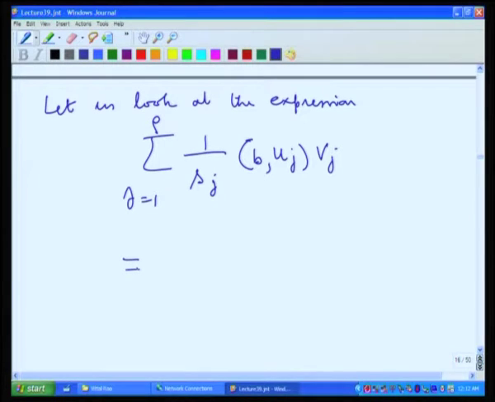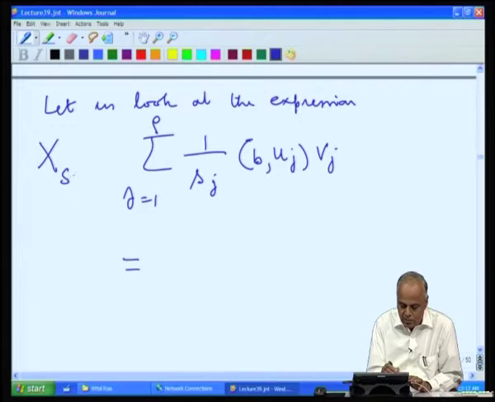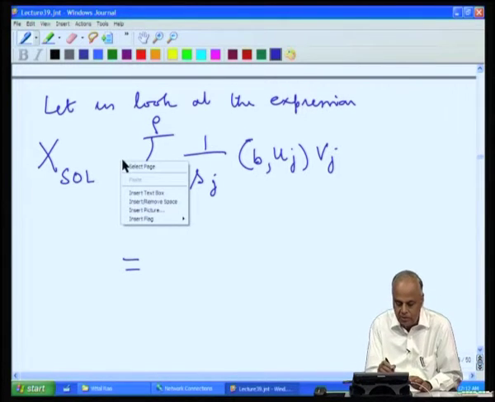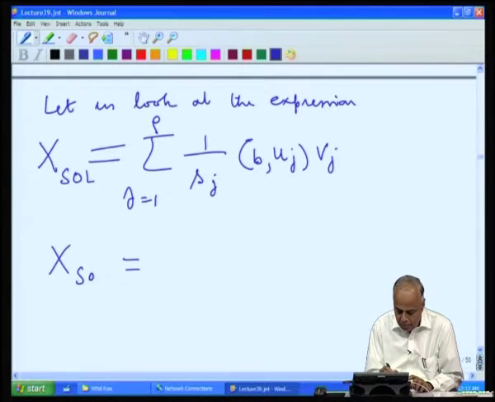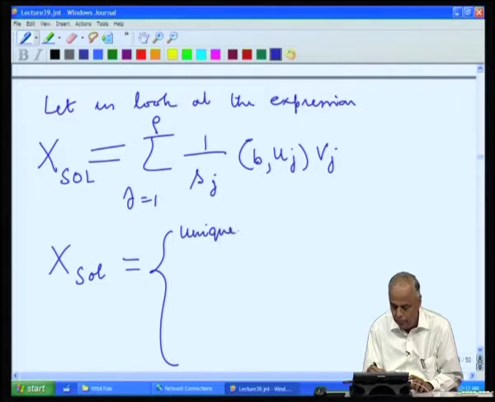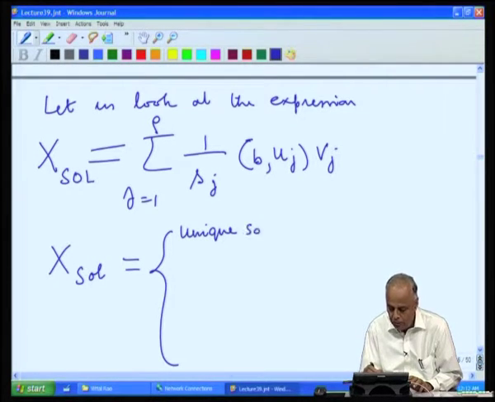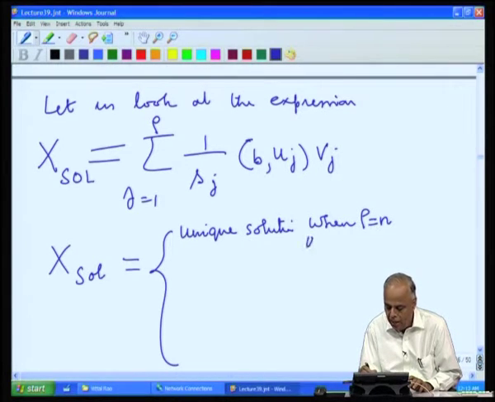So, now let us write this expression. Therefore, we will call it x sol. This is the solver of the system, x sol. I will again repeat, x sol is the unique solution when the uniqueness comes from rho equal to n and the solution comes from B satisfying the consistency condition.